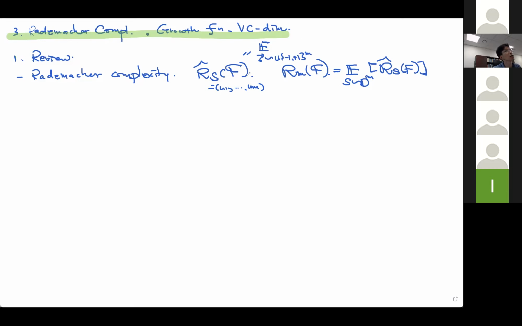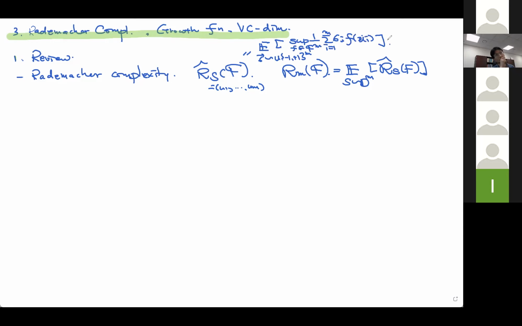Essentially, we are selecting a random direction and seeing whether we can align to it using some function f applied to inputs U1 to UM.